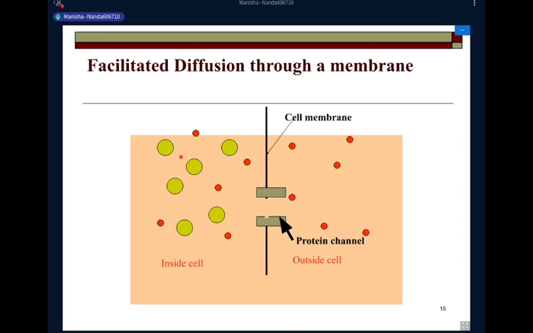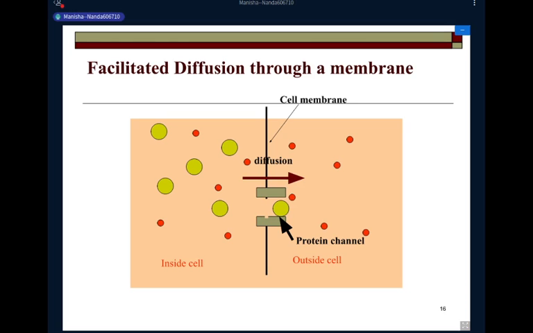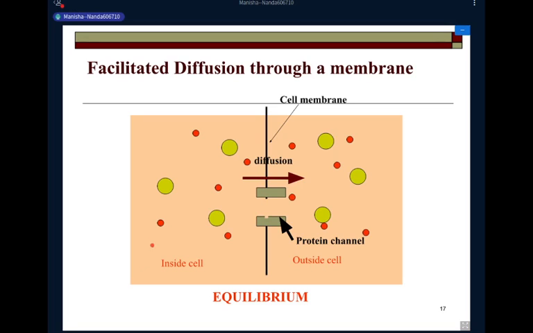You can see here that we have already seen that diagram where without the assistance of protein, small molecules could cross the lipid bilayer. But for these large or polar molecules, they need the assistance of this particular protein channel. And once this protein channel is present, these molecules will also diffuse through the membrane unless their concentration is the same across the membrane, unless this equilibrium is reached.